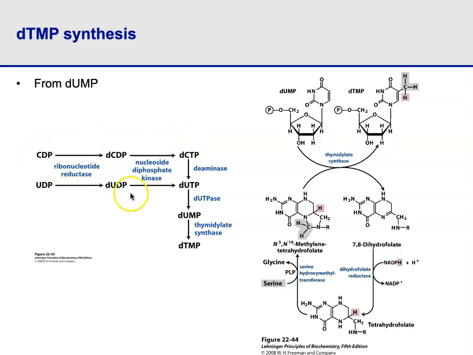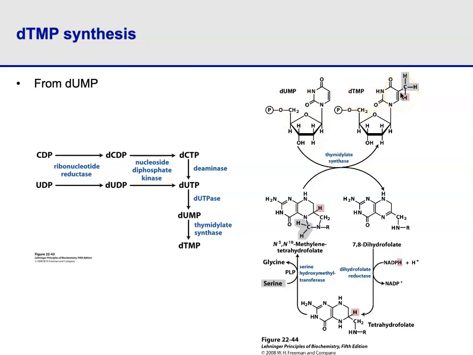Both of them, after they're made into deoxyribonucleotides, will eventually be converted to dUTP. Then dUTP will be converted to dUMP, and then dUMP will be used as a substrate for thymidylate synthase that will convert deoxy UMP to deoxy TMP.